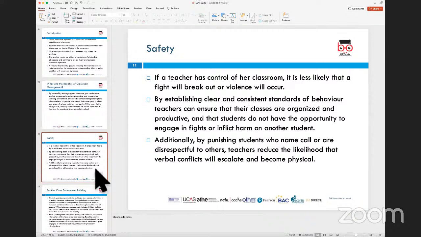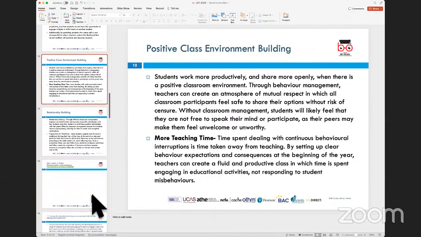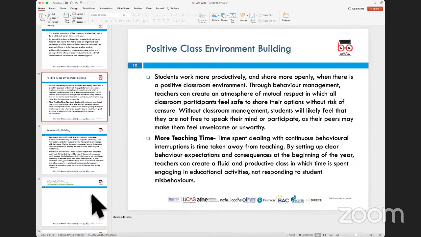And this allows the class to be productive, which also means that the students feel that they are protected, they do not feel vulnerable, and obviously they feel safe when they are in a particular classroom learning from you.